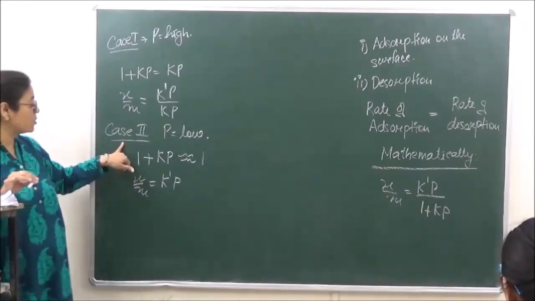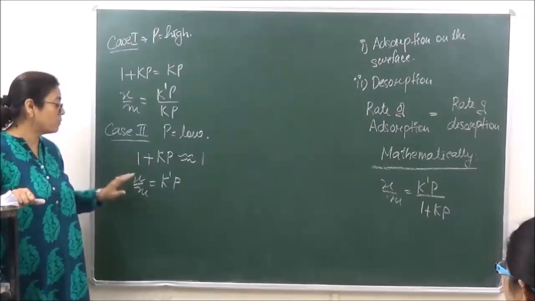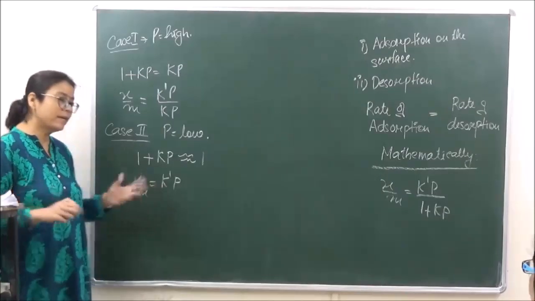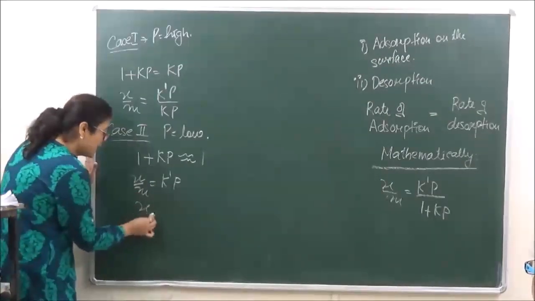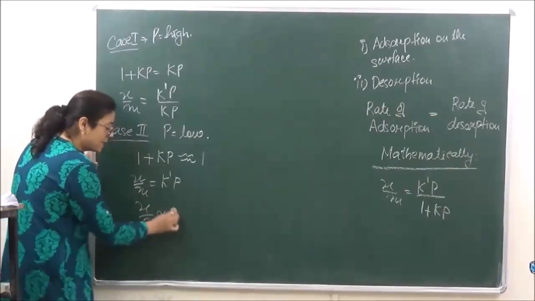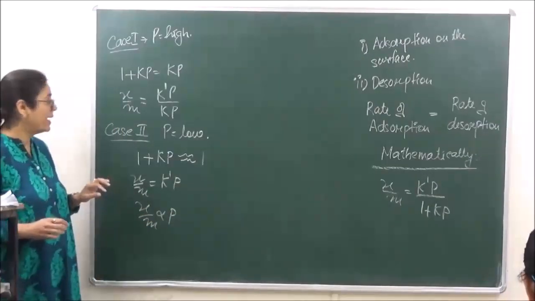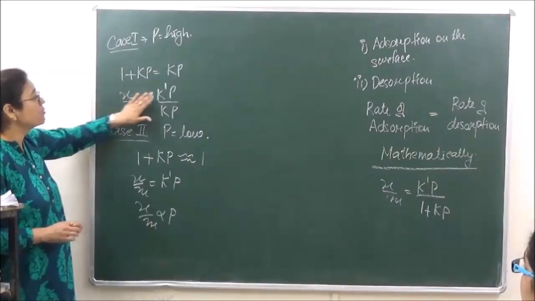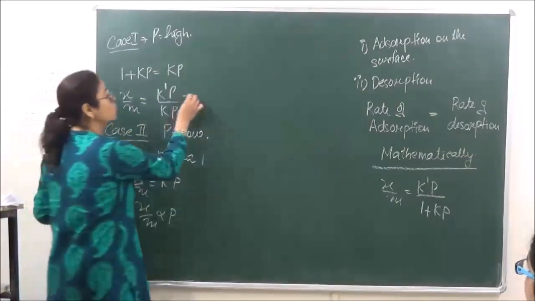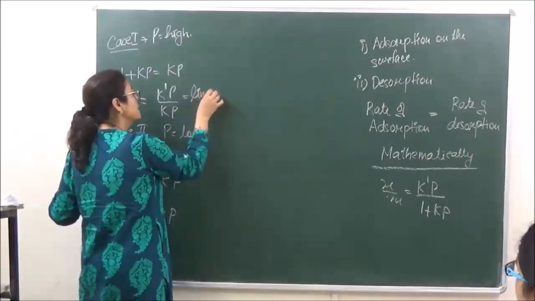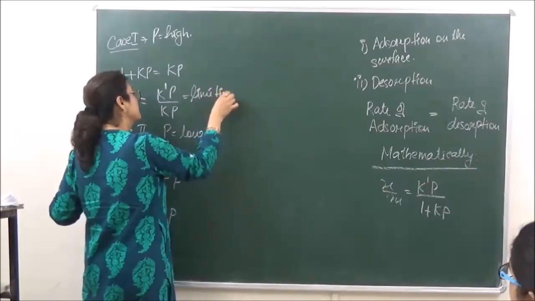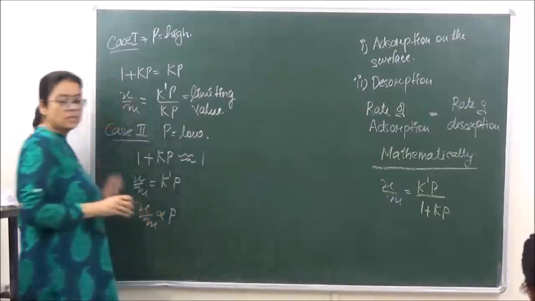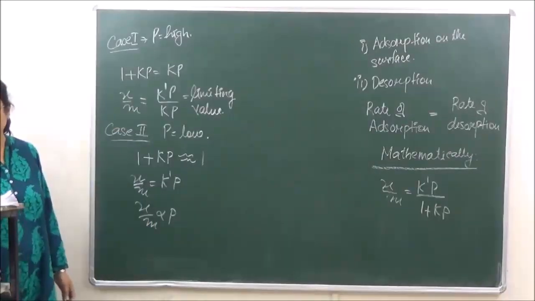So at low pressures, the extent of adsorption is directly proportional to pressure, because k dash is a constant. So we can say that x upon m is directly proportional to p. Whereas at high pressures, x upon m reaches a limiting value.